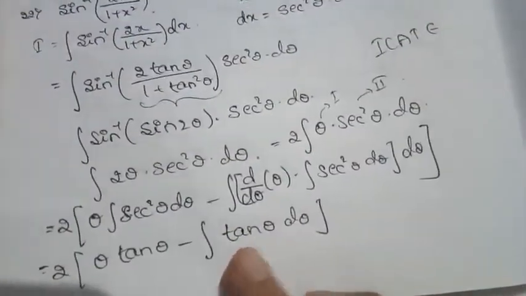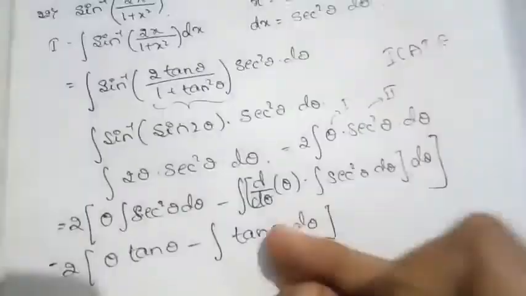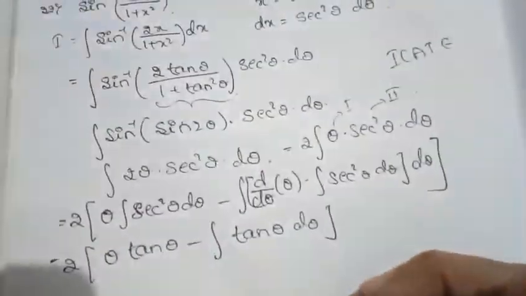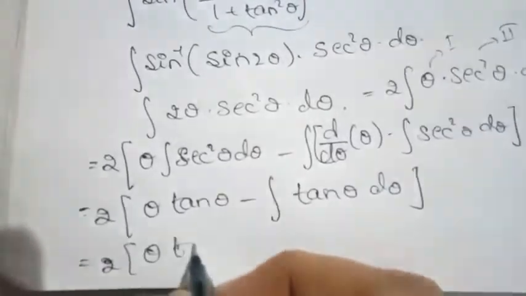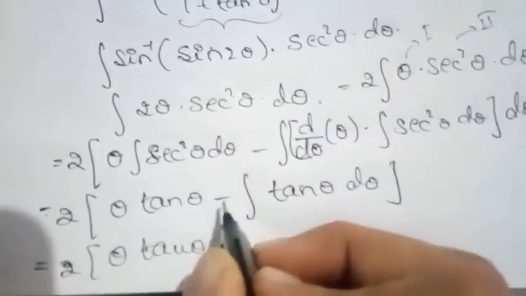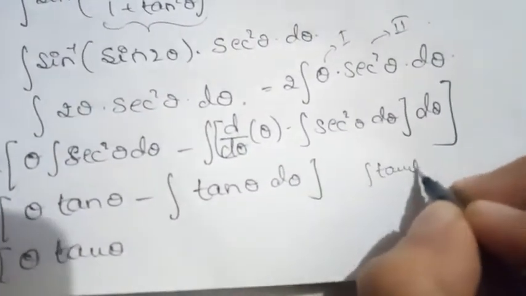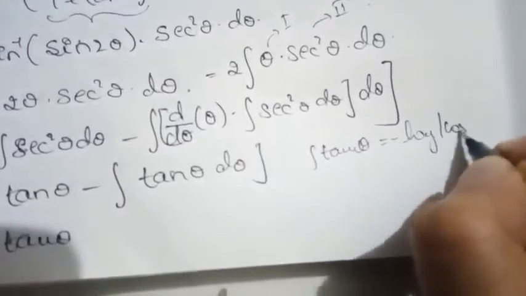So now we need the integration of tan theta. Remember what the integration of tan theta is. So theta into tan theta, minus the integration of tan theta. We know that the integration of tan theta is equal to minus log mod of cos theta.